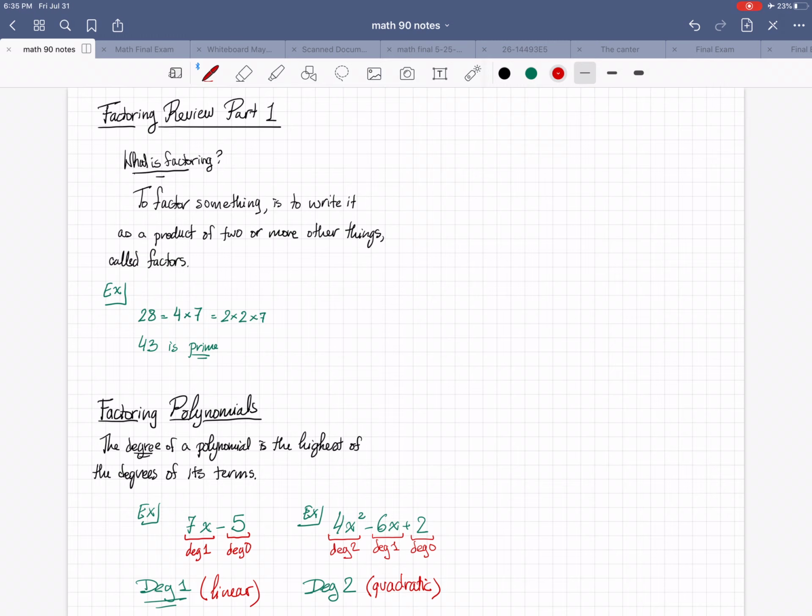So what I want to say before we do a few examples in this first video is, when factoring a polynomial, and this is a big deal, the degrees of the factors add to the degree of the product.